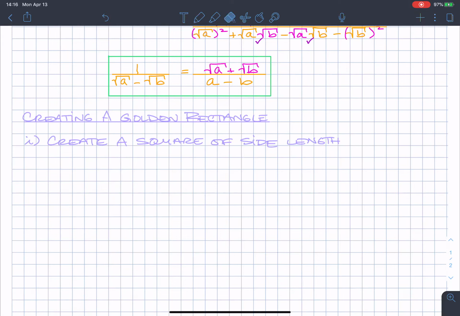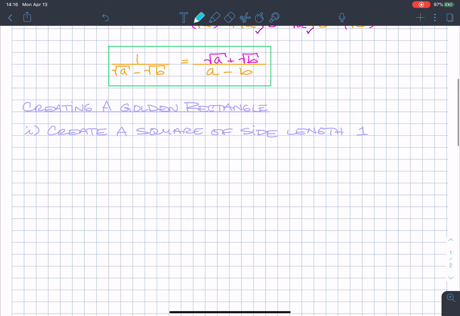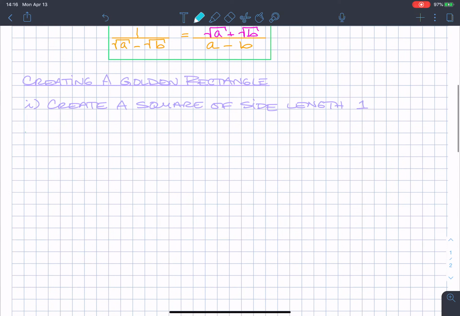So step number 2 is divide the bottom side in half.